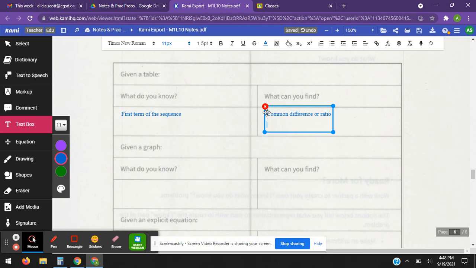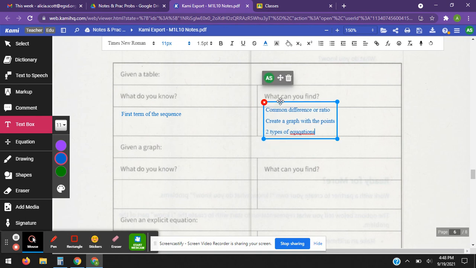Also a graph. We create a graph with the points. And we can find our two types of equations, right? Because with that, we can find our recursive and our explicit because we have a first term and then our common difference.